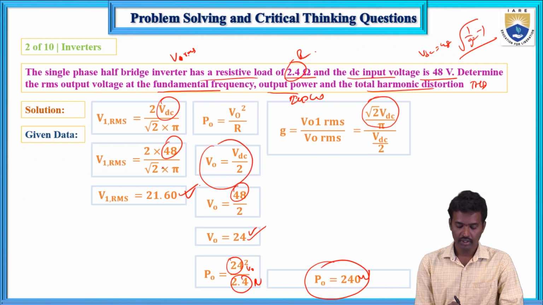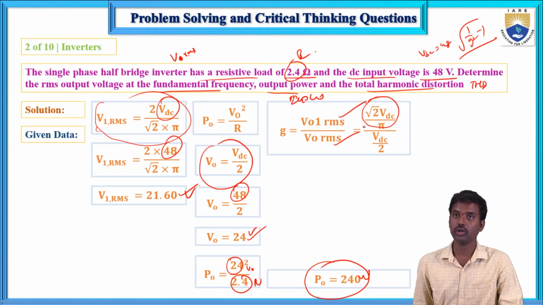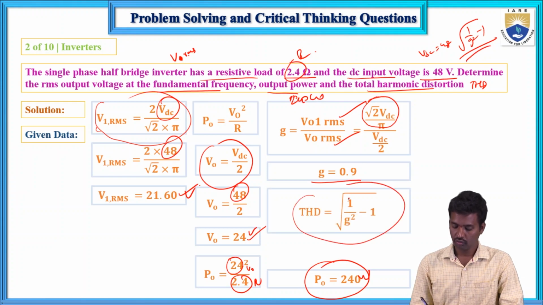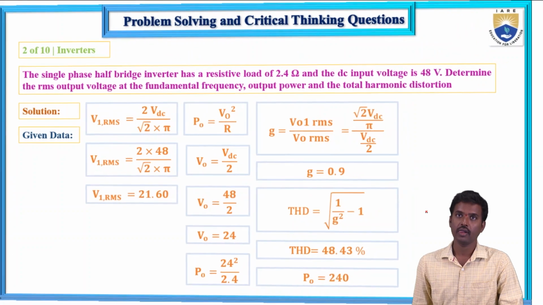So the fundamental divided by the total gives root 2 VDC by pi, and G equals 0.9. Now THD equals under root 1 by G square minus 1, so 1 by 0.9 square minus 1 gives 48.43.